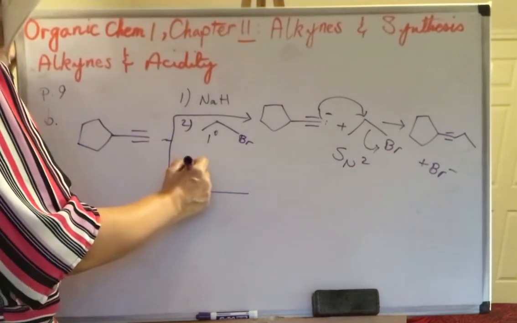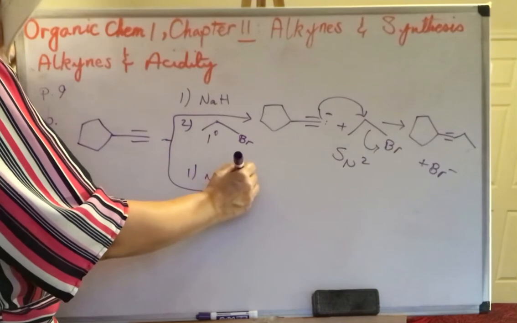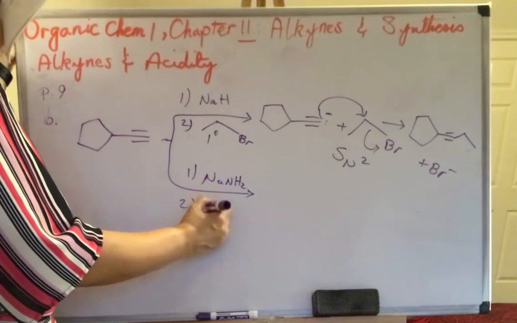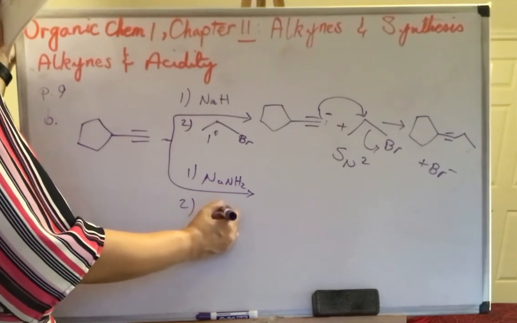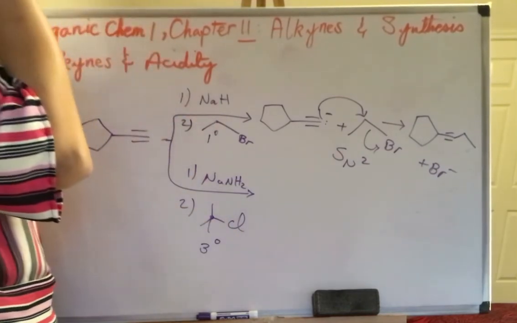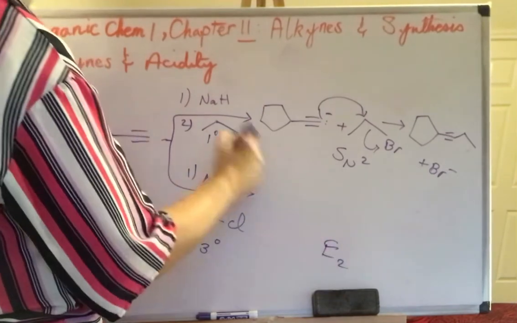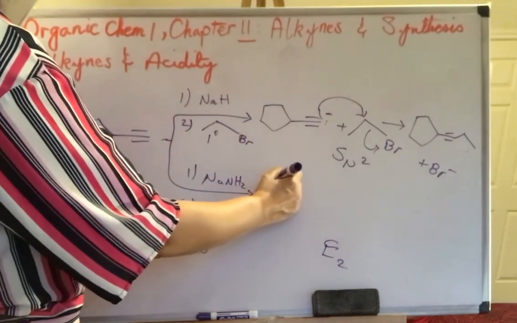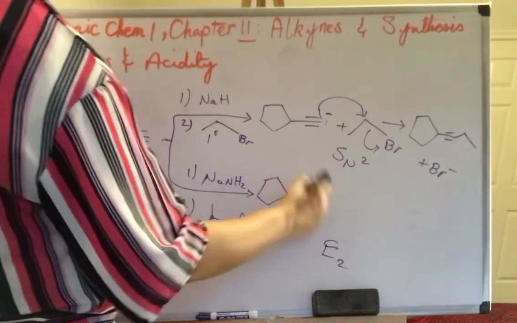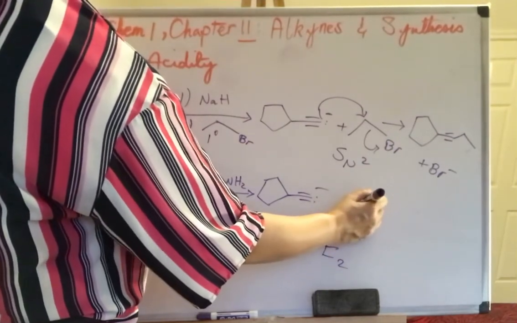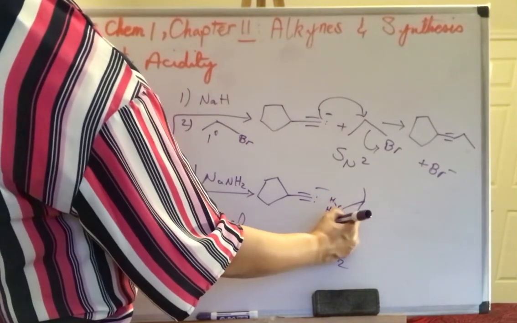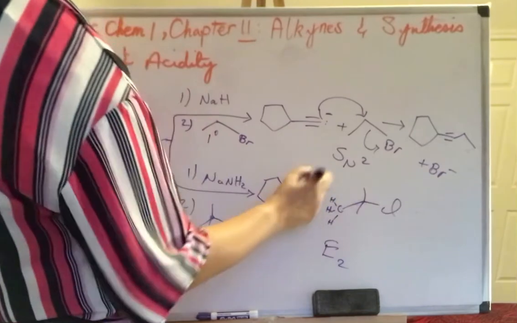Normal conditions. But if you have NaNH2 and then you have this, then this is a tertiary alkyl halide, right? You will end up having an E2 reaction. So the first step is the same, formation of this anion, which is your nucleophile. But here now, let's say you have CH3, instead of having SN2, you have an E2.